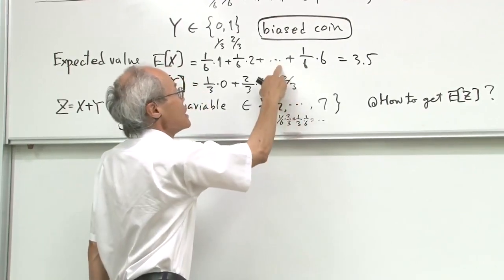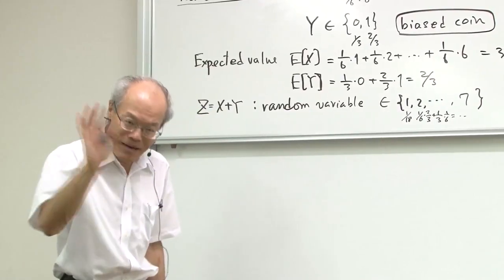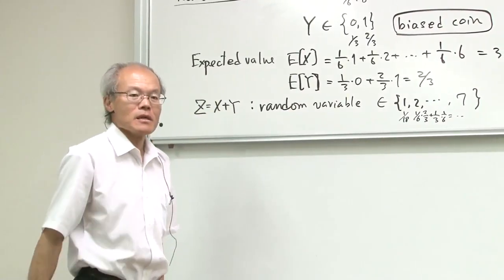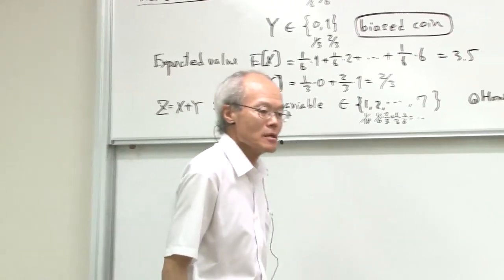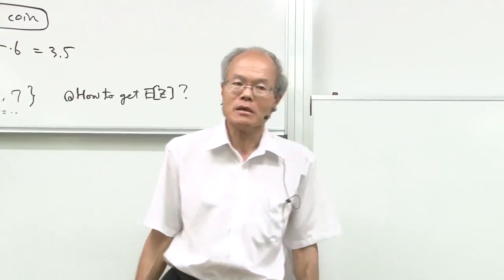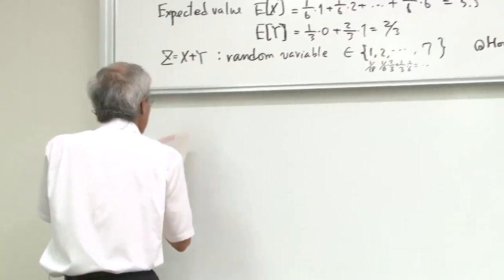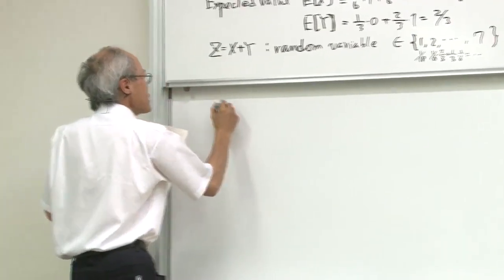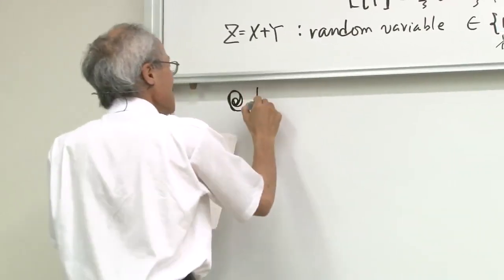Then exactly like this, we can calculate the expected value. But wait. That is not a good way. We have a much better way of calculating this expected value. That is a very important theorem for random variables. That is linearity.